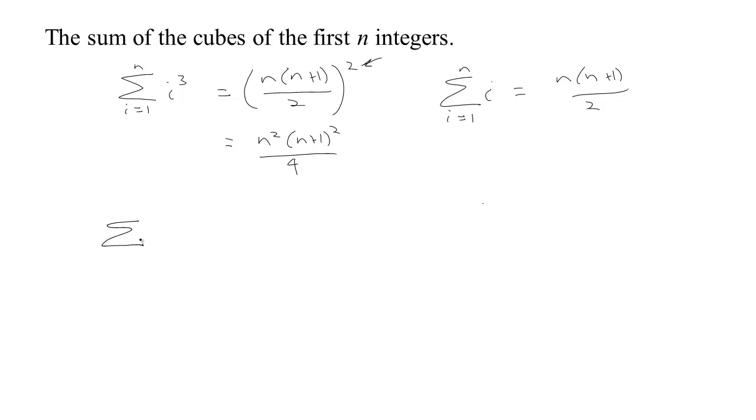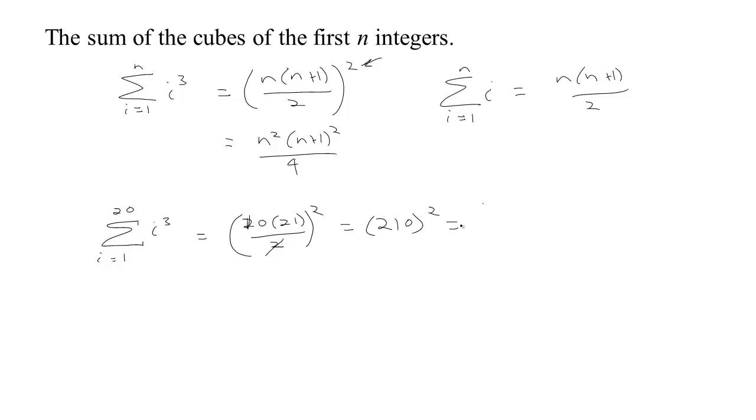So, for example, if you wanted to find the sum from i equals 1 to 20 of i cubed, then you would take n, which is 20, times n plus 1, which is 21, all over 2, and square it. 2 goes in there 10 times, so the sum is going to be 210 squared.